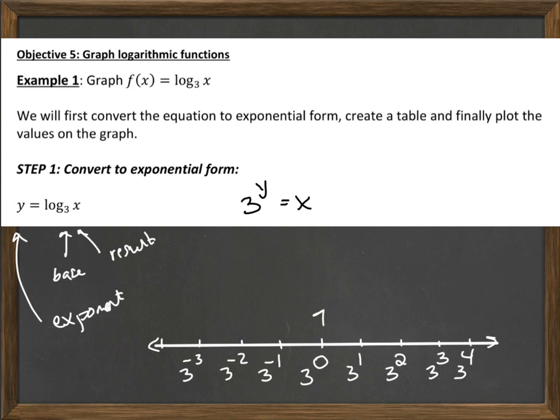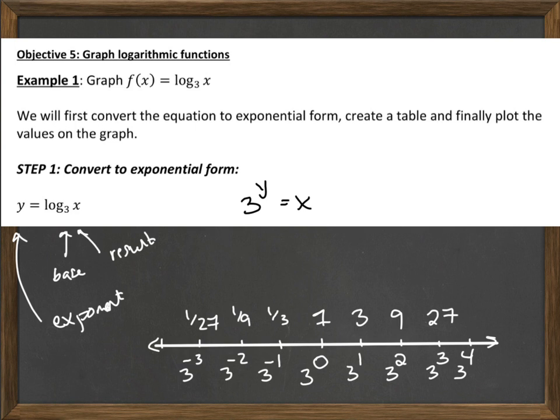And 3 to the 0 power is 1, 3 to the first power is 3, 9, 27, and so on. Then we have, of course, 1/3, 1/9, and 1/27. So if I had 3 to the x equals y, I would let x be -2, -1, 0, 1, 2, just picking some convenient values and then evaluating that.